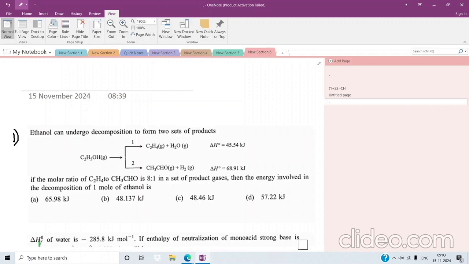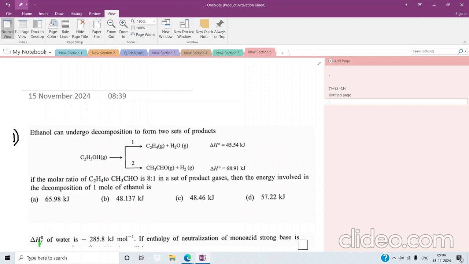Ethanol can undergo decomposition to form two sets of products. It is giving two sets of products, but not in an equal ratio. It is not a 1:1 ratio. It is an 8:1 ratio. So we should not write 2 moles of ethanol giving 1 mole of ethene and 1 mole of acetaldehyde. If we were getting equal amounts of ethene and acetaldehyde, there would be no need to worry about anything.